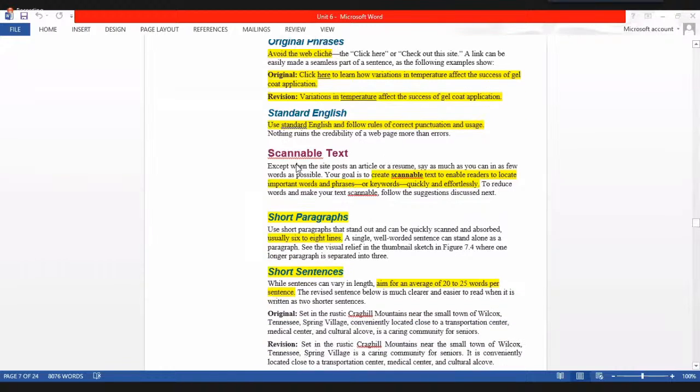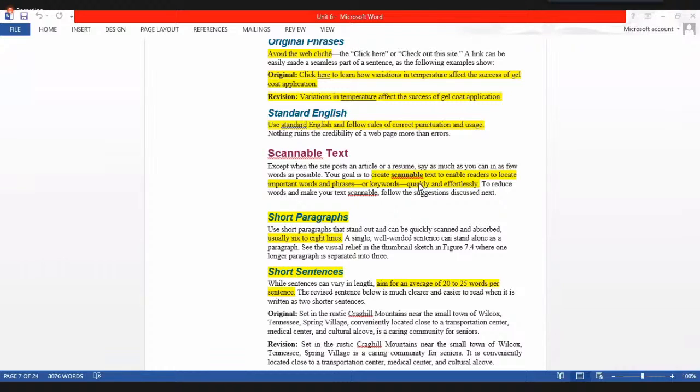Now, scannable text. Text must be scannable, right? I have already told you that. Whatever text you are going to write for a web page must be scannable, because the readers and viewers like scannable text.